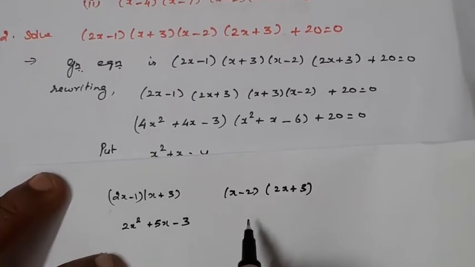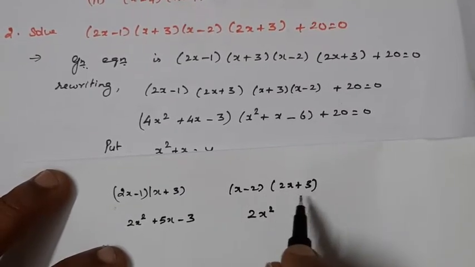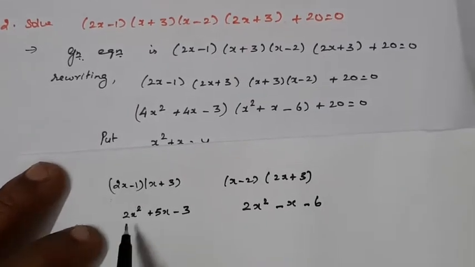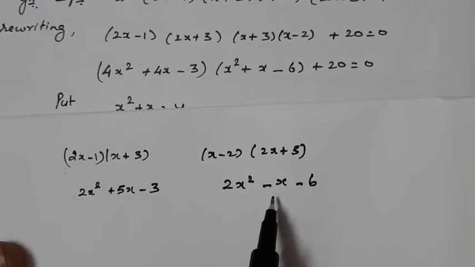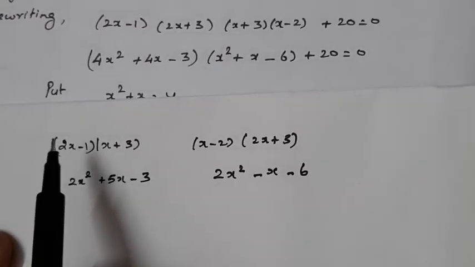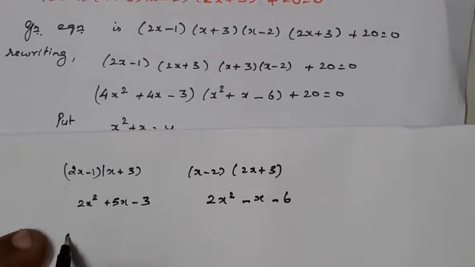And here it would be 2x squared minus 4x plus 3x, that is minus x minus 6. Even though the coefficients of x squared are the same, the coefficients of x are different.